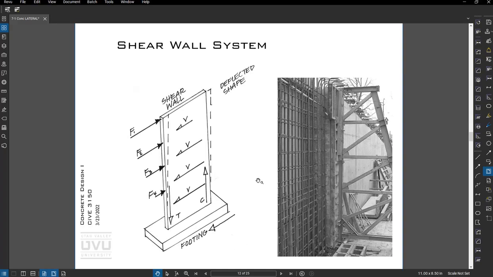Okay, shear wall systems: we basically have a cantilevered wall sticking up out of the ground. Sometimes these might be coupled to other walls, so we could have a wall over here and then maybe coupling beams between them. Essentially, they pick up the diaphragm shears at each level, push back with the shear at each level, and then we have a tension and compression couple at the bottom and a sliding resistance at the bottom.